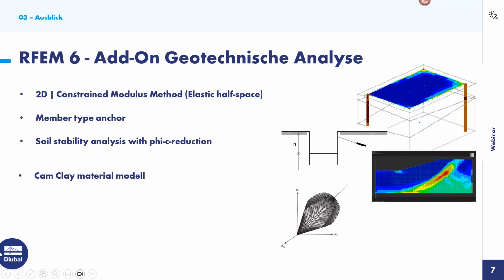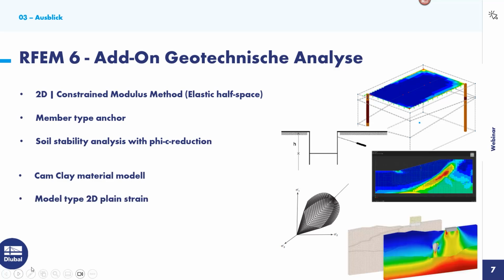And then we will have also the model type 2D plane strain. So these are the projects we are working on mainly for the Geotechnical Analysis add-on, and I placed them here in the right row. The 2D constraint modulus method or elastic half space method and the member type anchor are the next steps, and the others will follow.